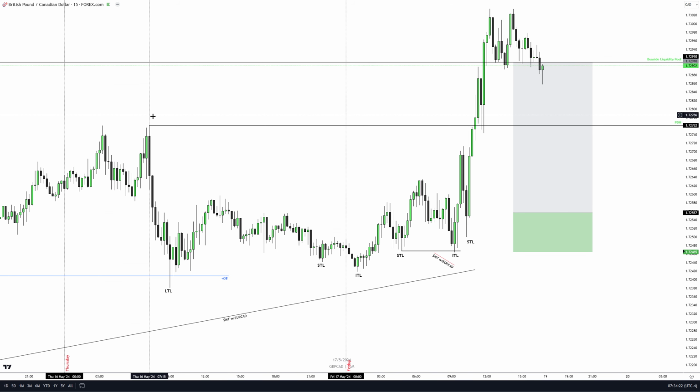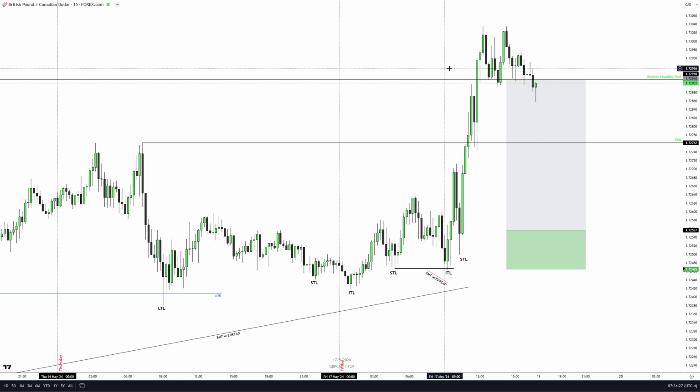Closed 60% at the equal highs, and I held about 40% to my weekly drawn liquidity, which, as you can see, got reached right around the end of London close, which formed the high of day as it usually does, and price did basically nothing in New York PM.